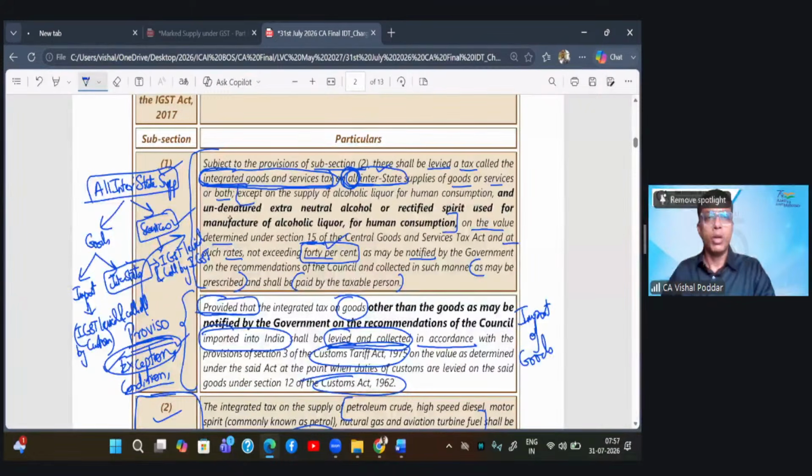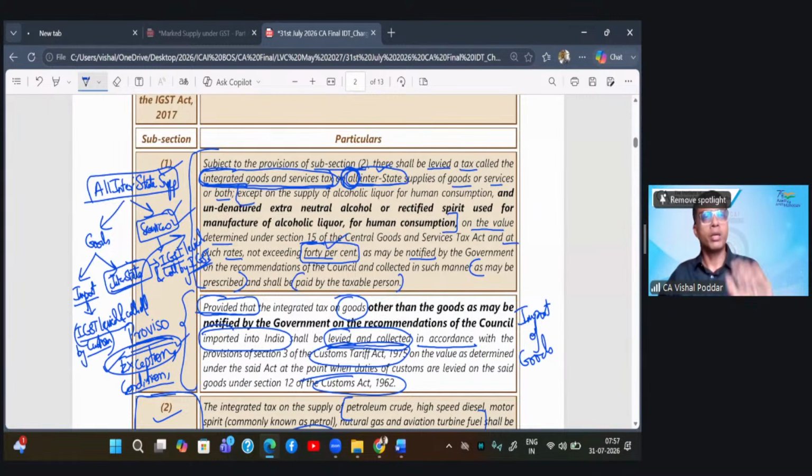So for all transactions of services, mainly import of service and the domestic interstate supply of service, IGST is levied, but by whom? By IGST Act. Similarly, for interstate supply of goods, which is happening between different states, IGST is levied and collected by IGST Act itself. However, for import of goods, IGST is levied and collected, but by whom? By customs.